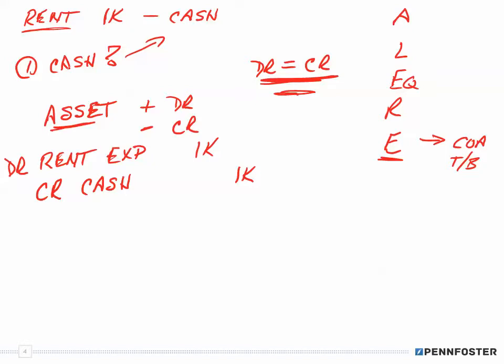I started out with, does this affect cash? And the answer to that question was yes. I decided if it's increasing or decreasing my cash, and in this case it was a decrease, so I credit cash for 1,000. Then I know debits have to equal credits, so now I'm going to figure out the other half of the transaction. For the other half, I look at the categories and ask, is this an asset, liability, equity, revenue, or an expense?